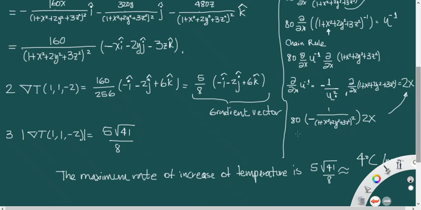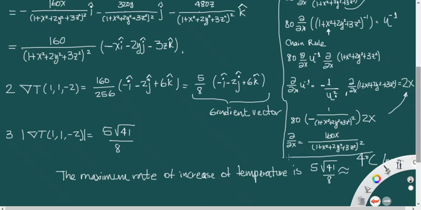So if we simplify this, we will end up with a result that the partial derivative with respect to x is equal to 160x divided by 1 plus x squared plus 2 times y squared plus 3 times z squared, squared.